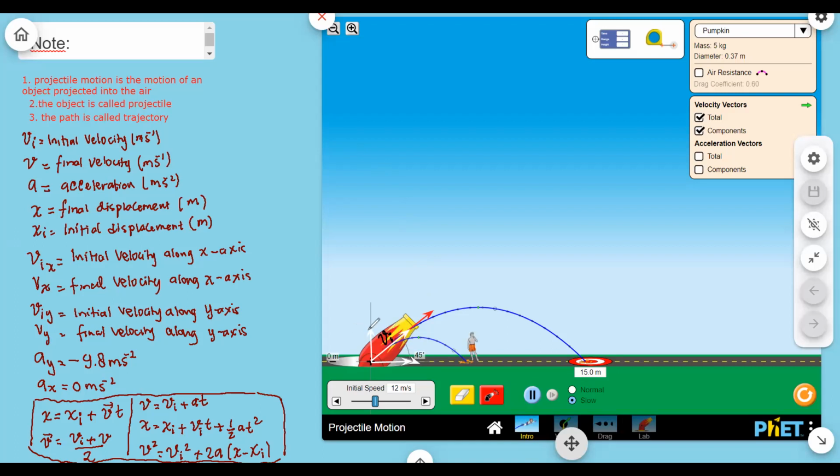So the component along the y-axis for the initial velocity is Viy. And then the component of Vi along the x-axis is Vix. Now, let's try to move this projectile.